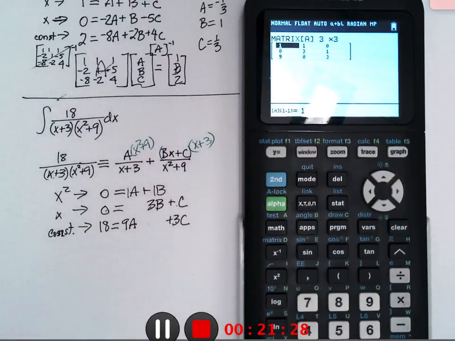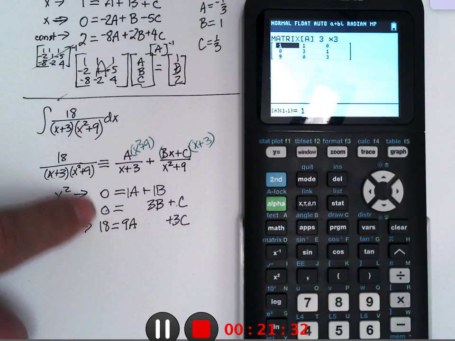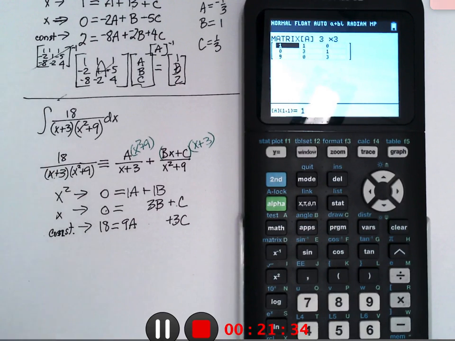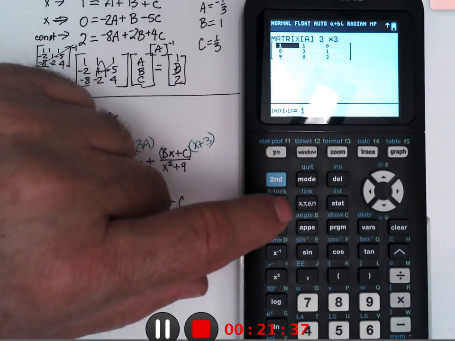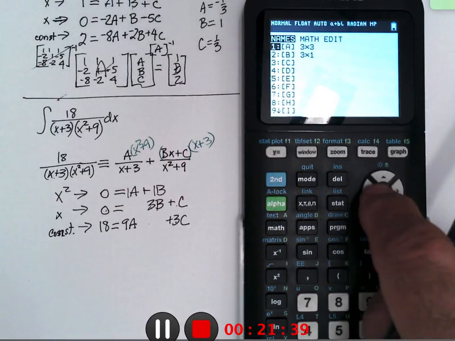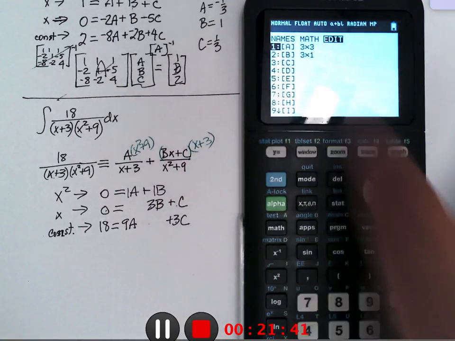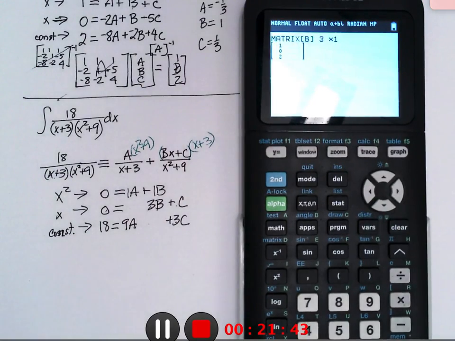Now I'm going to put in my B, which is what was in the numerator here. So I'm going to go second, matrix, edit, go down to B, press enter, and it's a 3 by 1, and I'm going to put in 0, 0, 18.